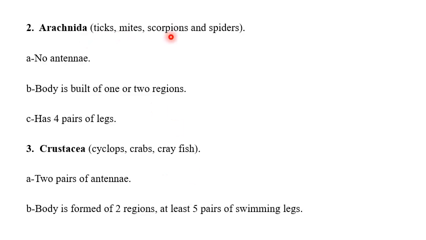Arachnida: ticks, mites, scorpions, and spiders have no antennae, the body is built of 1 or 2 regions, and they have 4 pairs of legs. Crustaceans: cyclops, crabs, crayfish have 2 pairs of antennae, the body is formed of 2 regions, and at least 5 pairs of swimming legs.